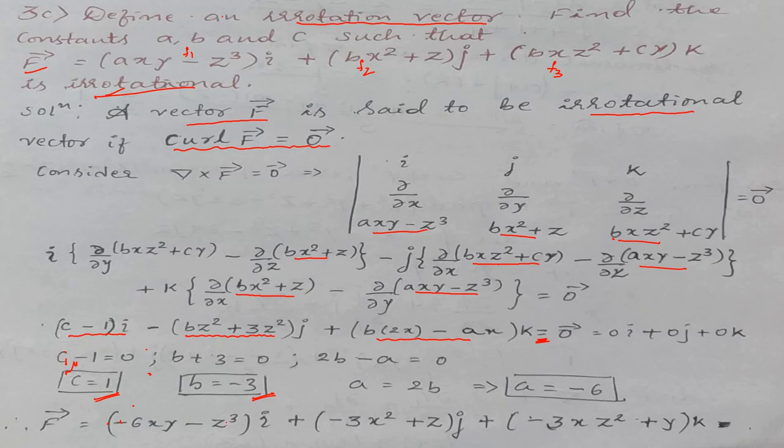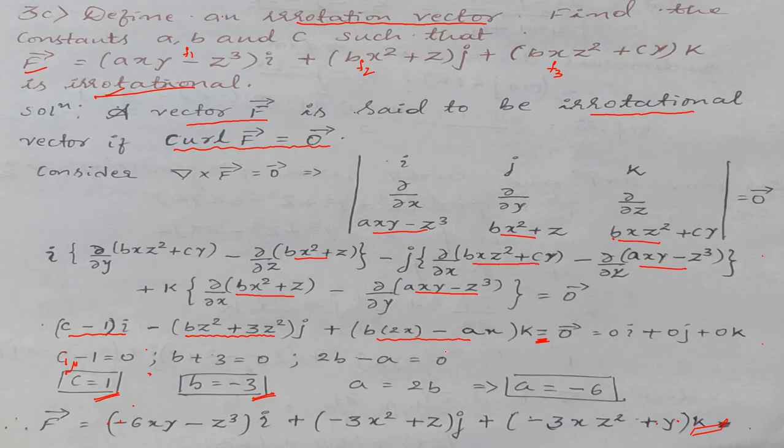I got vector f as follows: minus 6xy minus z cube i, plus minus 3x square plus z j, plus minus 3xz square plus y k. For the given question, this is the answer.